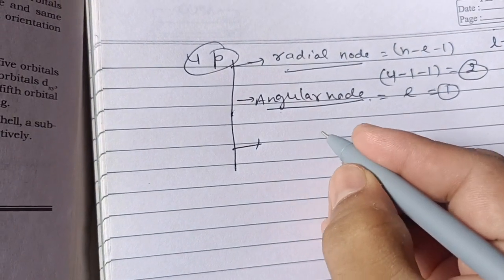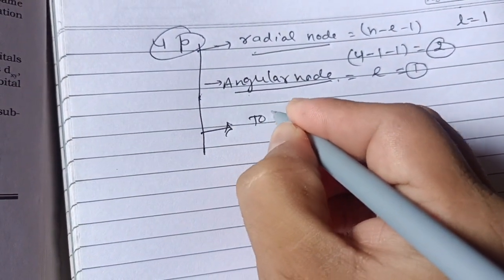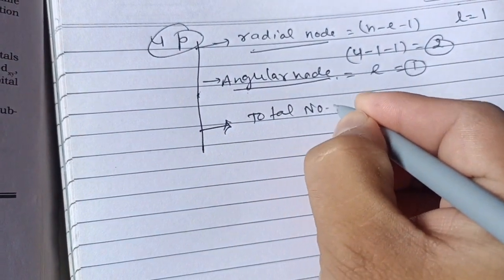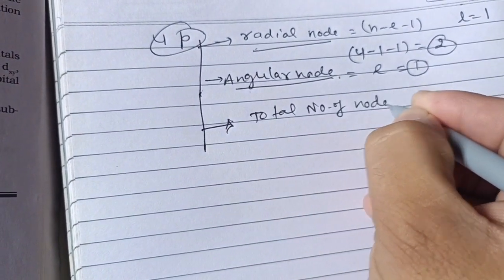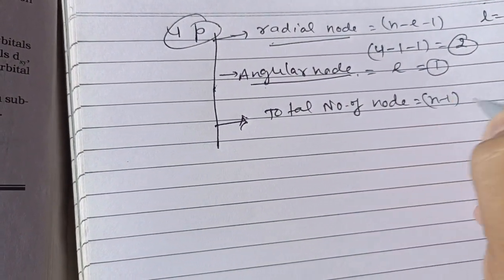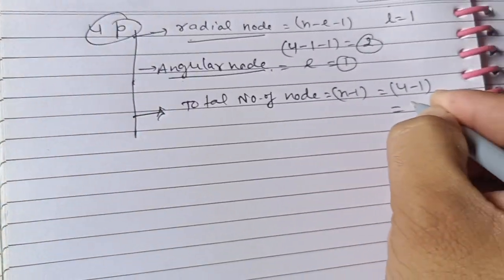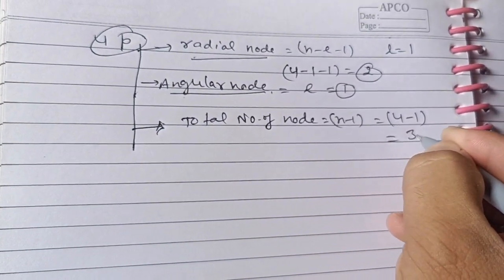And the formula for total number of nodes is n minus 1. This is 4 minus 1, equal to 3.